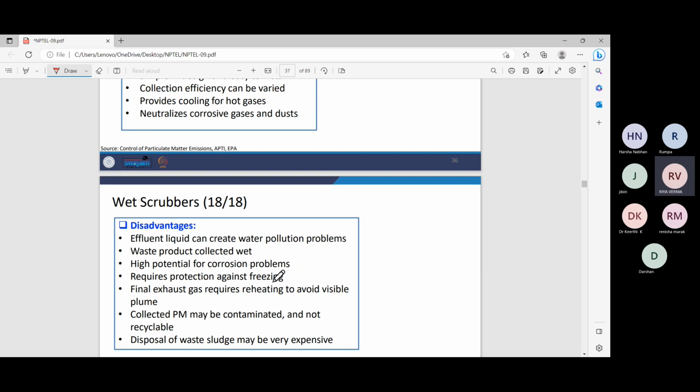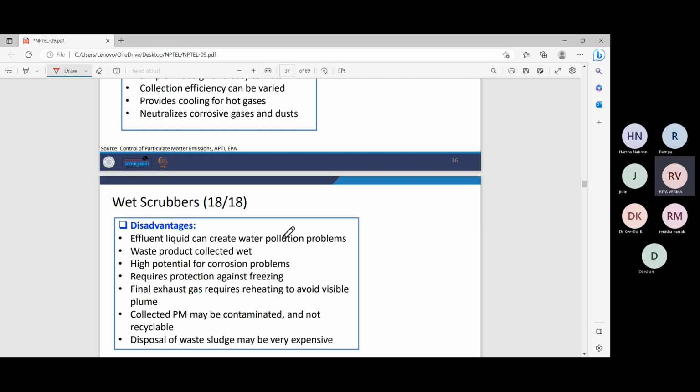Then final exhaust gas requires reheating to avoid visible plume. Otherwise, the exhaust air that is emitted from the outlet section will have moisture, so the plume will be visible. That's why, to avoid that, we should reheat the exhaust gas.